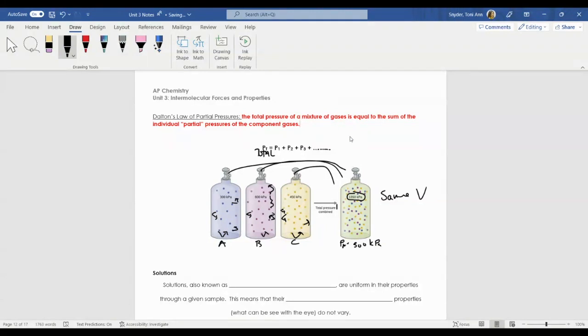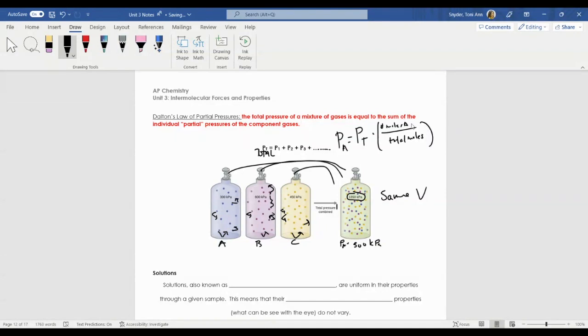So if I wanted to find the partial pressure of gas A, if I was given this right here, you could figure that out by taking the total pressure and multiplying that by the number of moles of A over the total number of moles.